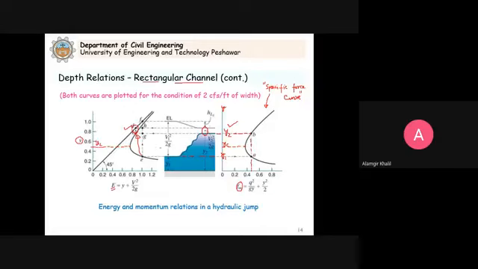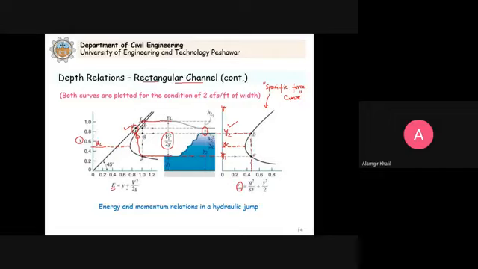This V1 square by 2G, this one here, is EF. You can see here, this is F and this is E here. So this distance EF is actually your V1 square by 2G. Clear? And if we are interested to calculate the head loss, the head loss is the difference, this line CG here.